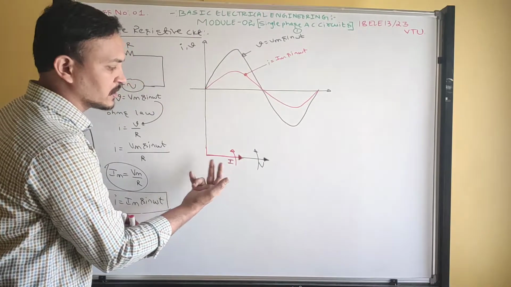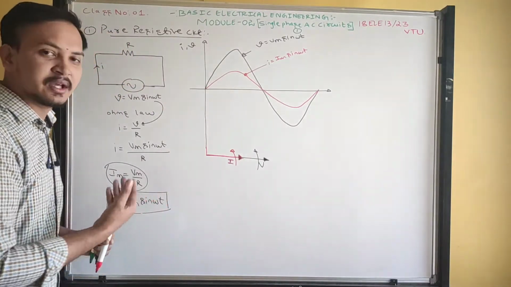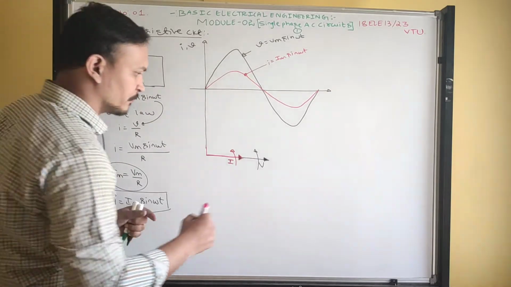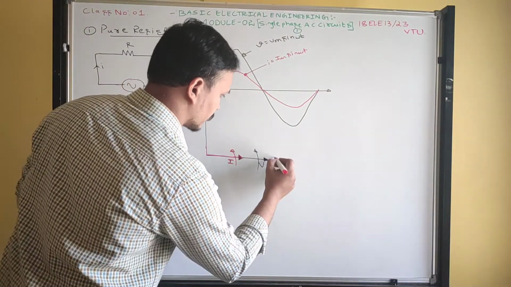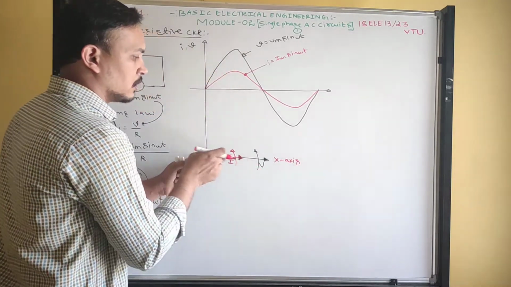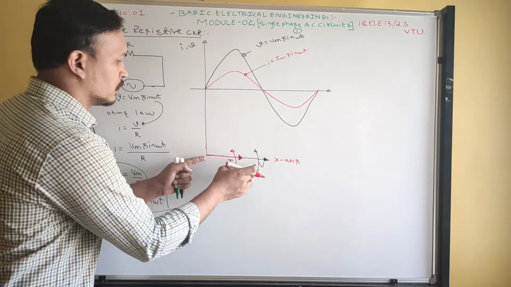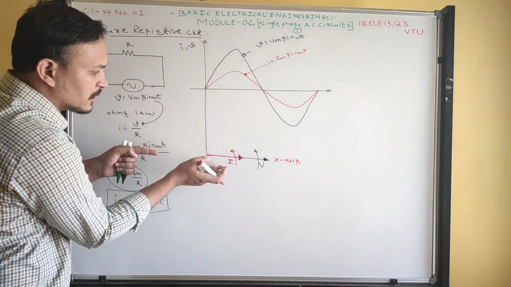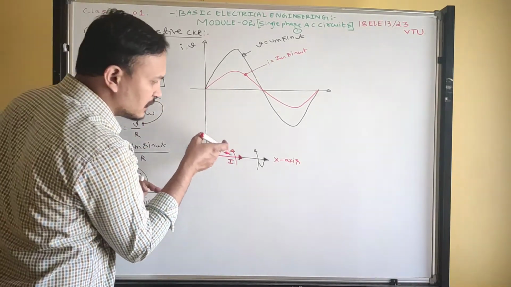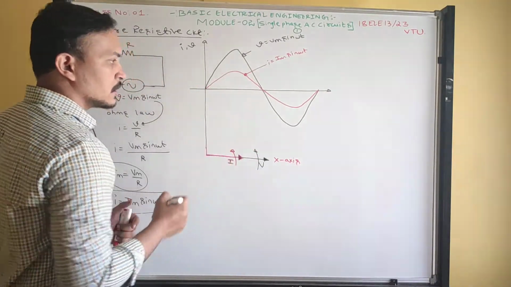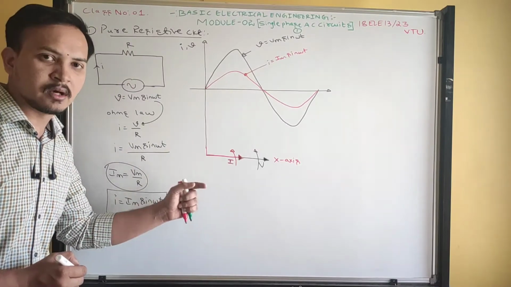What is the angle between voltage and current from this phasor diagram? 0 degrees. What is the phase angle in a pure resistive circuit? 0 degrees. You have to write the reference phasor on the x-axis. What is the reference? Voltage. I took voltage, then determined current, so current is in phase with voltage. This is the waveforms and this one is the phasor diagram.